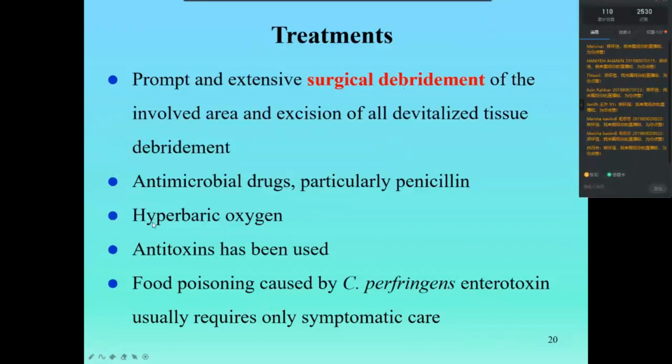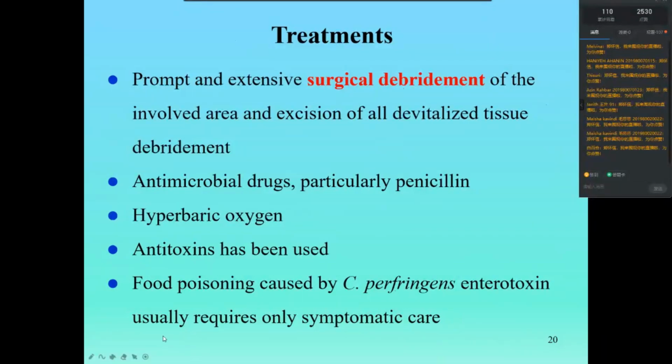And you can give your patient a high level of oxygen because this bacterium is anaerobic, and a high level of oxygen can inhibit the growth of bacteria. We can also use antitoxin to neutralize toxins produced.